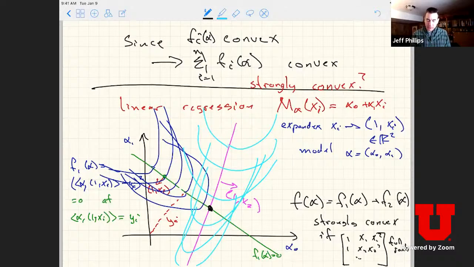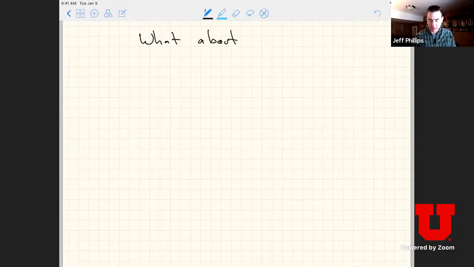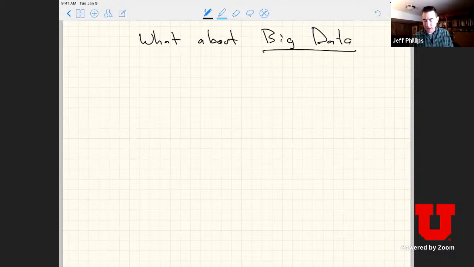Good. There's one more, probably even more important thing I need to tell you about these decomposable functions. This is about big data. What happens when n is very big?